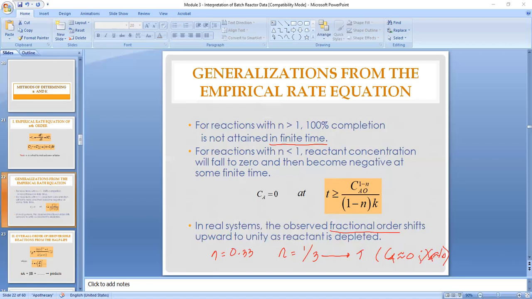As C sub A approaches 0, or X sub A approaches 1, that order shifts upward to unity, meaning it approaches a value of 1. This is only true for these cases, and that's for real systems.